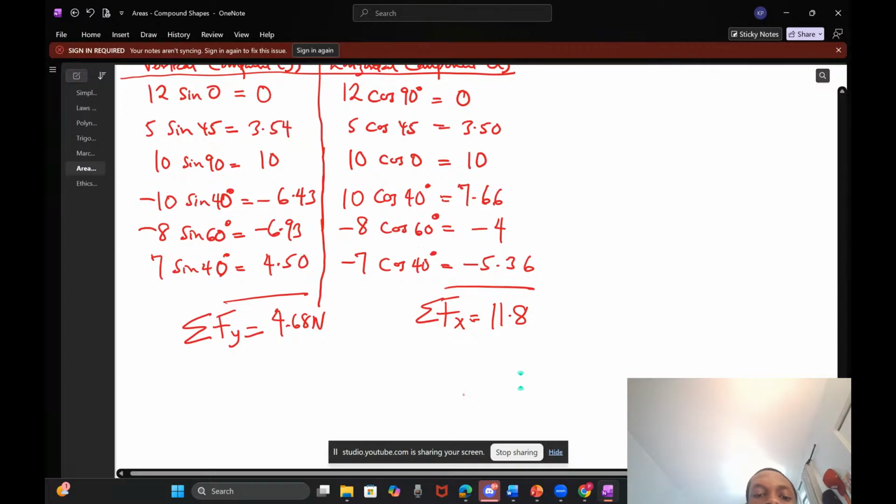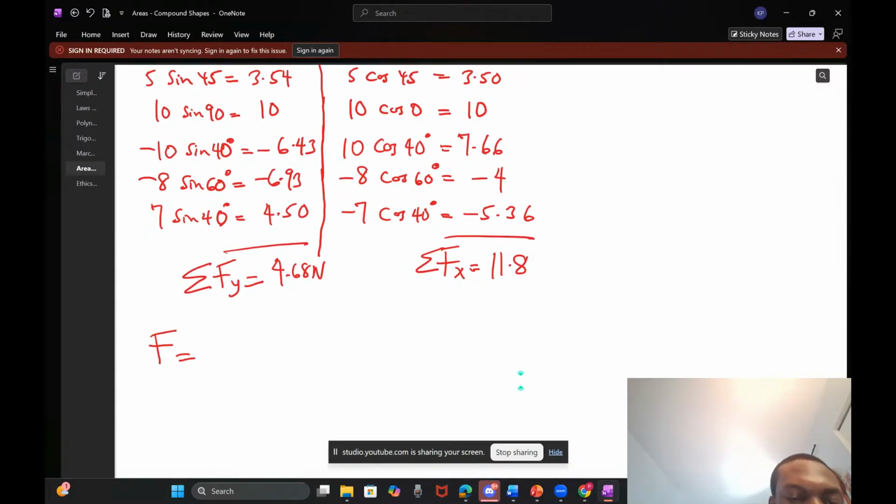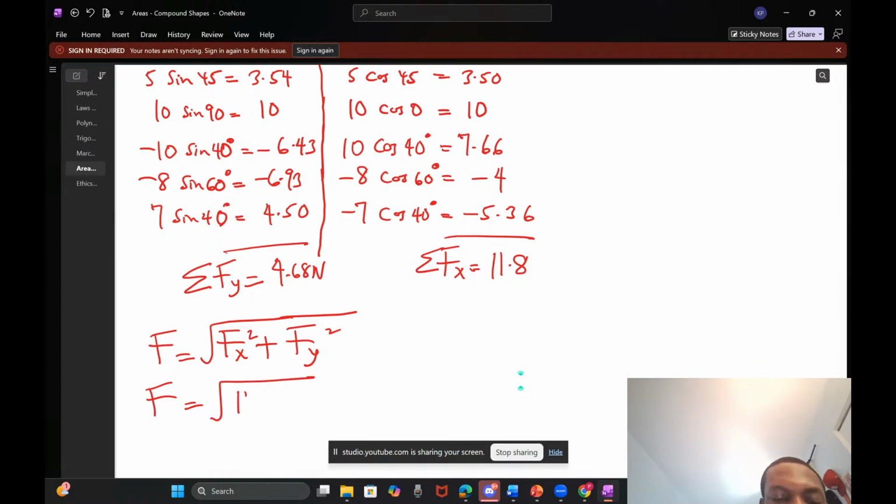So if we want to get the resultant force, the resultant force F is equal to the square root of Fx squared plus Fy squared, okay. So that's 11.8 squared plus 4.68 squared. That's equal to 139.24 plus 4.68 squared, which is equal to 21.90.